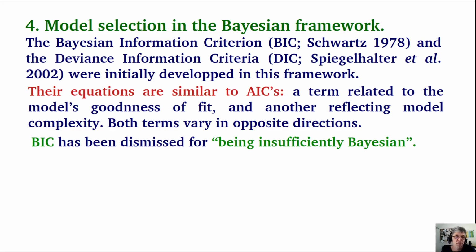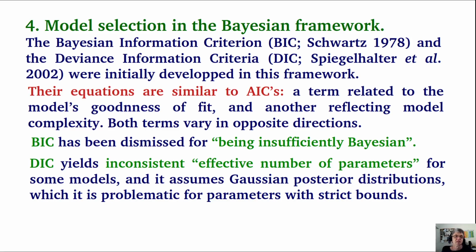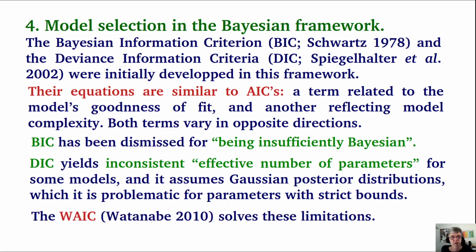The Bayesian information criterion has been dismissed for being insufficiently Bayesian, and the DIC has been shown to provide inconsistent estimates of the effective number of parameters for some models. It assumes Gaussian posterior distributions, which is problematic for parameters that have strict bounds, such as variances and correlation coefficients. So the WAIC, the Watanabe-Akaike information criterion, or the widely applicable information criterion, if you don't like Japanese last names, seems to solve these limitations.